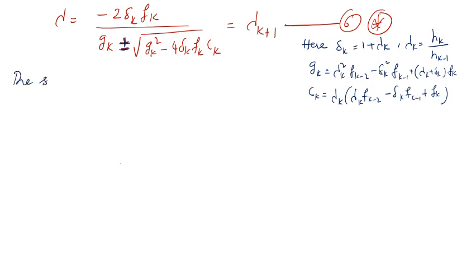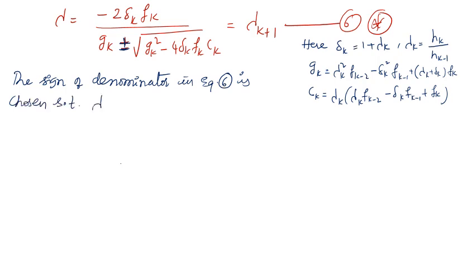The condition is that the sign of the denominator in equation 6 is chosen such that lambda k plus 1 has the smallest absolute value.